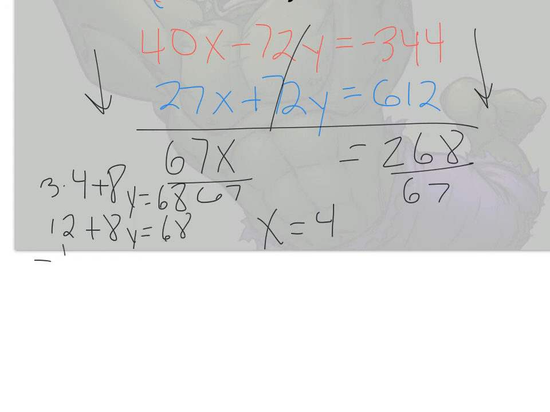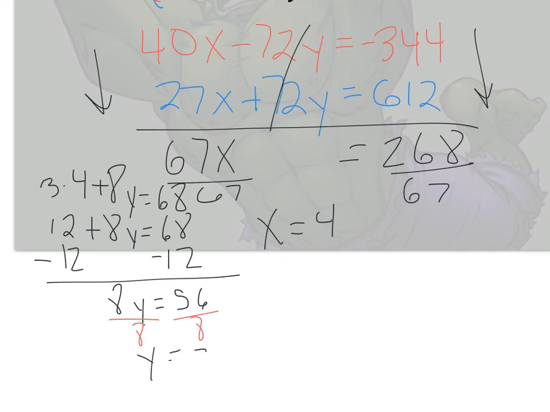Let's get this 12 out of here, because I want 8y by itself. 68 minus 12 is 56. And if we divide both sides by 8, we get y equals 7.